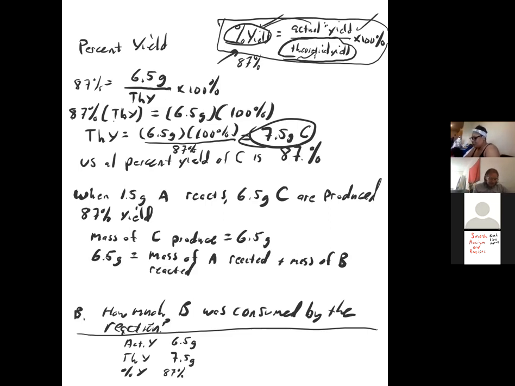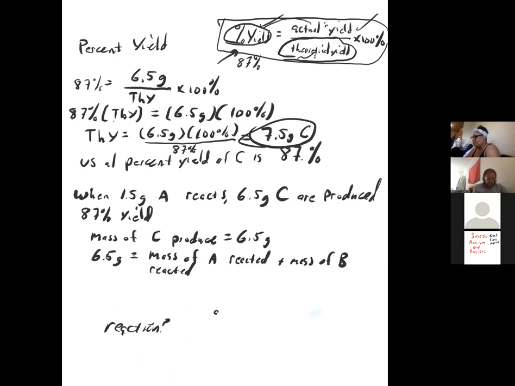Okay, let me actually erase this down here. Okay. So how much of A reacted? Well, we know 1.5 grams of A reacted, right? So 6.5 grams, which is C, is equal to 1.5 grams of A plus the mass of B.